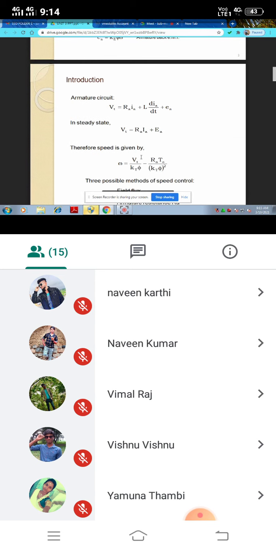Now we have to move on to the armature circuit and steady state circuit, those two circuits representing the DC motor running at constant speed. Now we may know the speed equation or angular velocity of that DC motor: angular velocity W equals terminal voltage divided by the constant times motor flux, minus armature resistance times motor torque divided by the square of the motor flux.